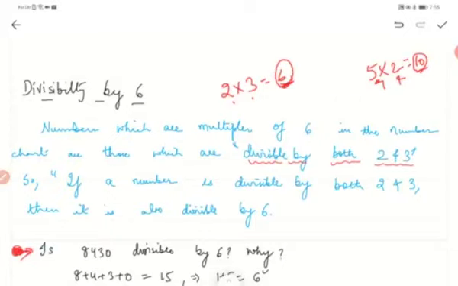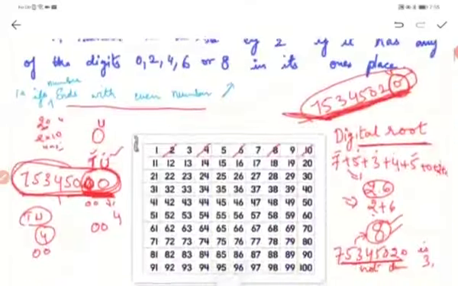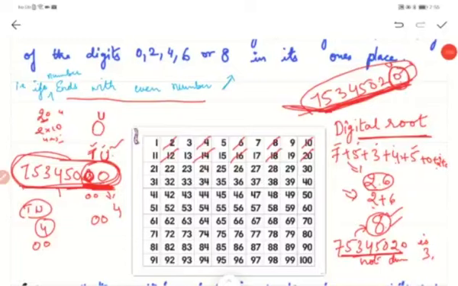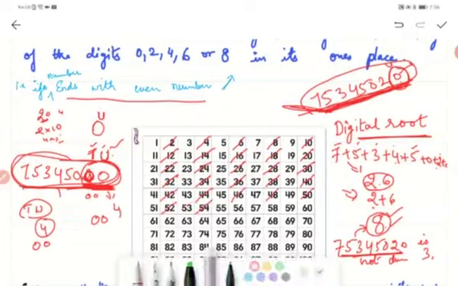Any number which is divisible by 6 is divisible by both 2 and 3. Or you can see in this chart, what I'm doing is taking all the multiples of 2 and crossing them with a red pen. So 26, 28 come under the 2 table, 30, 32, 34, 36, 38, 40, 42, 44, 46, 48, 50, 52, 54, and so on.